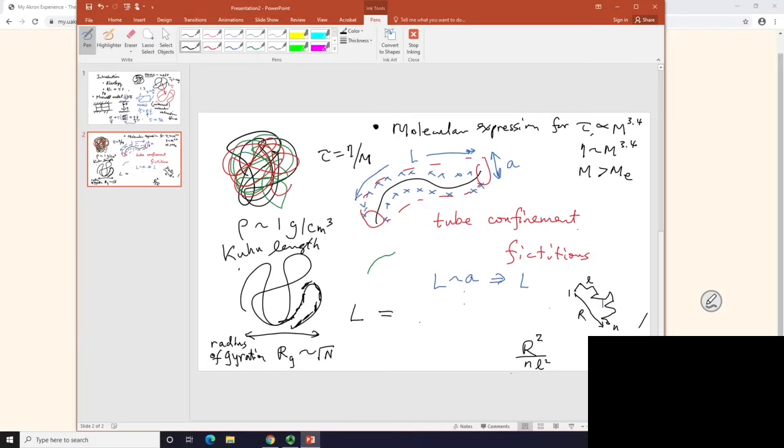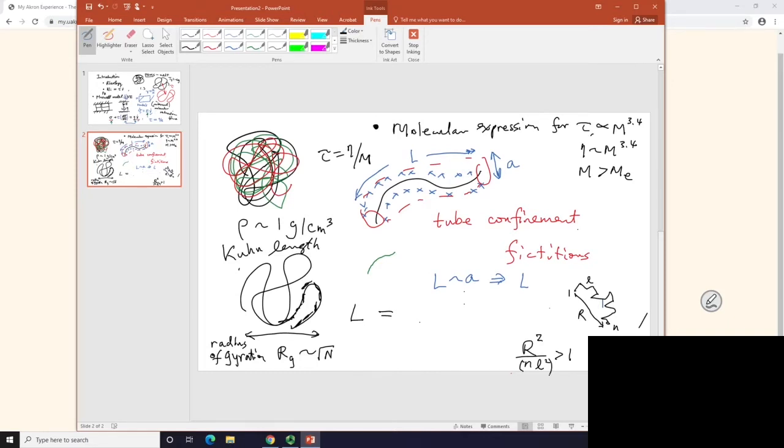And since it's a vector, it's meaningless, so we use the square of the vector so that it has a magnitude. And that magnitude typically is larger than the treatment where the segments at the repeated unit are totally flexible. If it's totally flexible, the end-to-end distance would be of this value in the denominator.